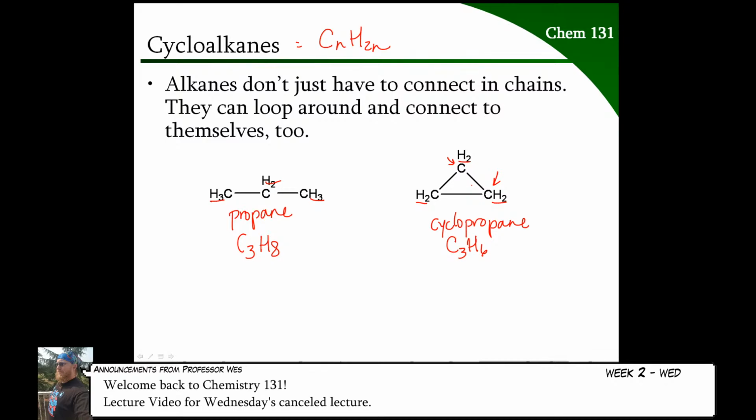In other words, I took away 2 hydrogens, leaving an unpaired electron on each carbon, and then I bonded those 2 unpaired electrons together to make the cyclic structure. So in order to do that, I had to remove H2. So instead of H2n plus 2, which was how it was for alkanes, we just get rid of this part so that we can complete the ring.